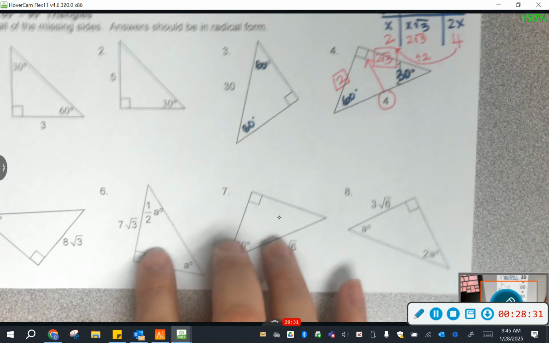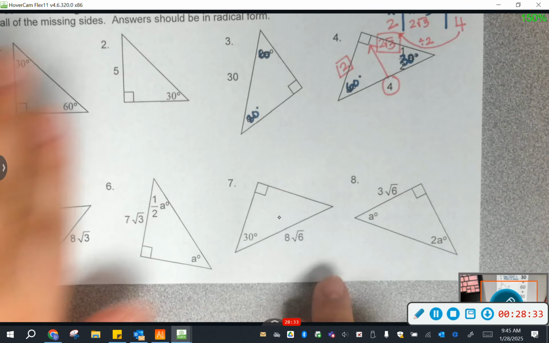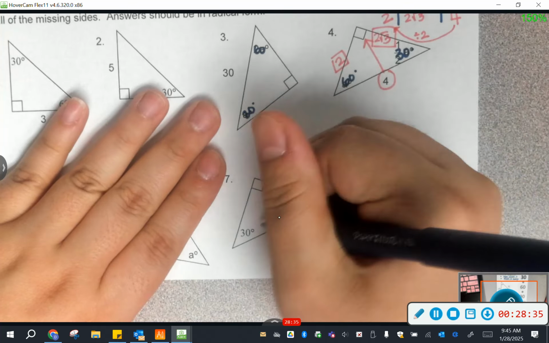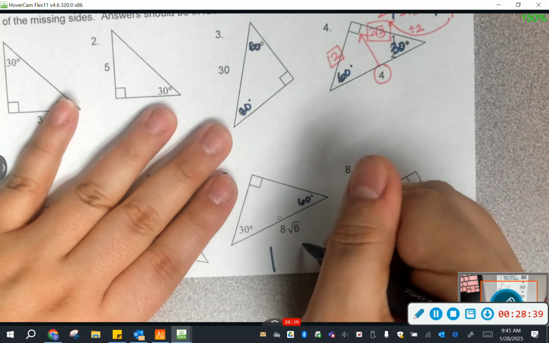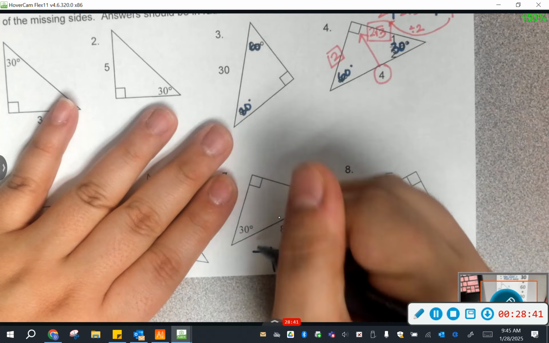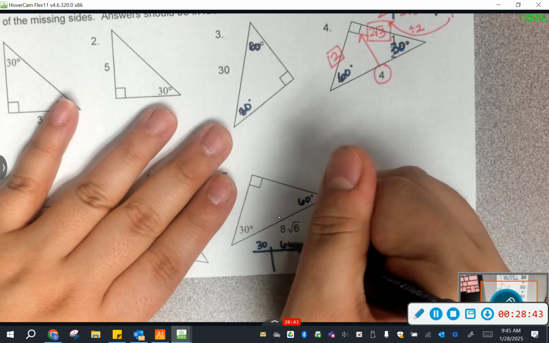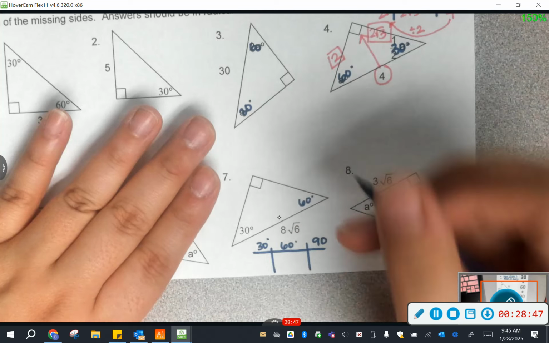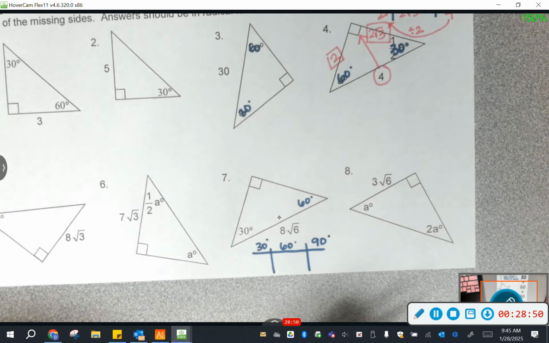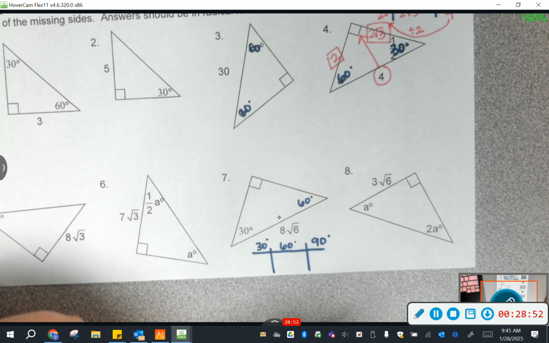I'm also going to do number 7. Number 7 has 30, so I'm going to put 60. And I gave you 8 square roots of 6. Where is 8 square root of 6?